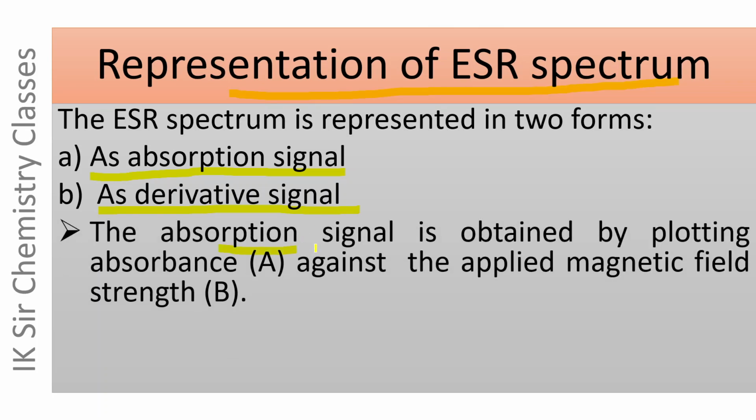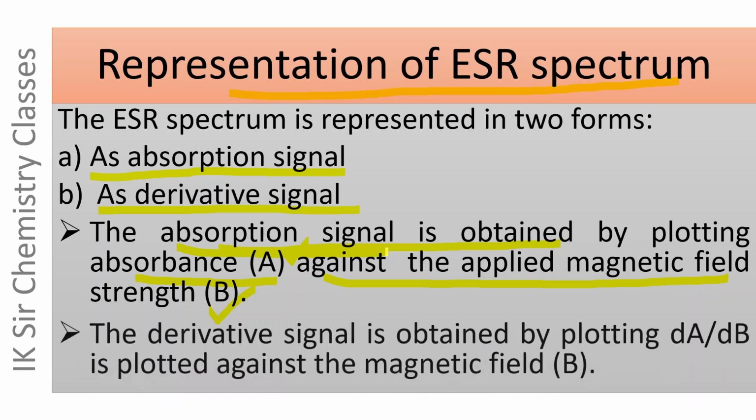The absorption signal is obtained by plotting absorbance of electromagnetic radiation against the applied magnetic field. If absorbance is plotted against applied external magnetic field, the signal obtained is called absorption signal.